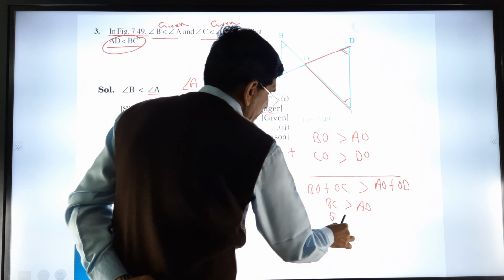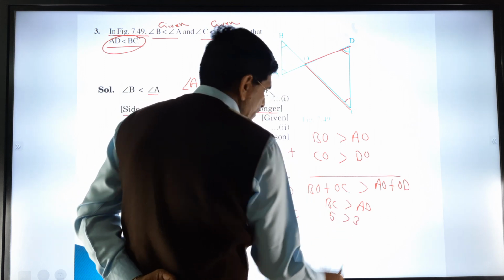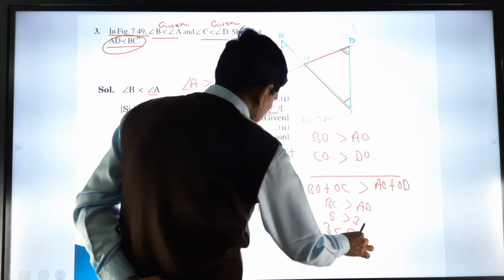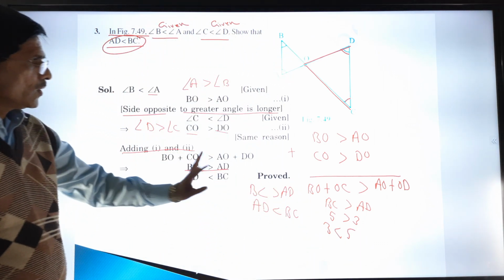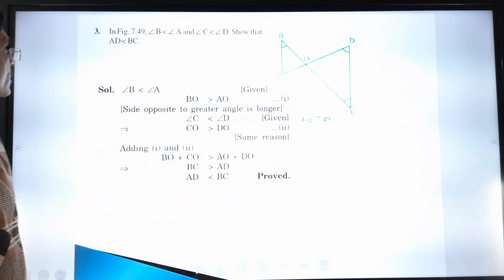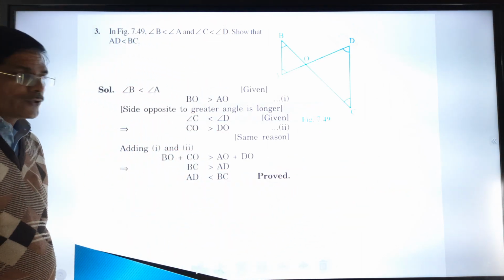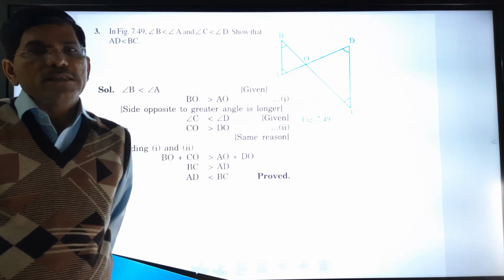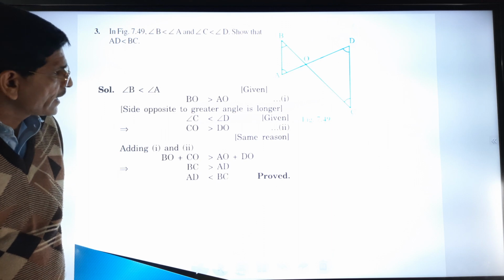Simply, 5 is greater than 3, then we can say that 3 is less than 5. In the same way we have explained it here. I hope you have understood this and also written it. Then 2 questions are still left that we can discuss.